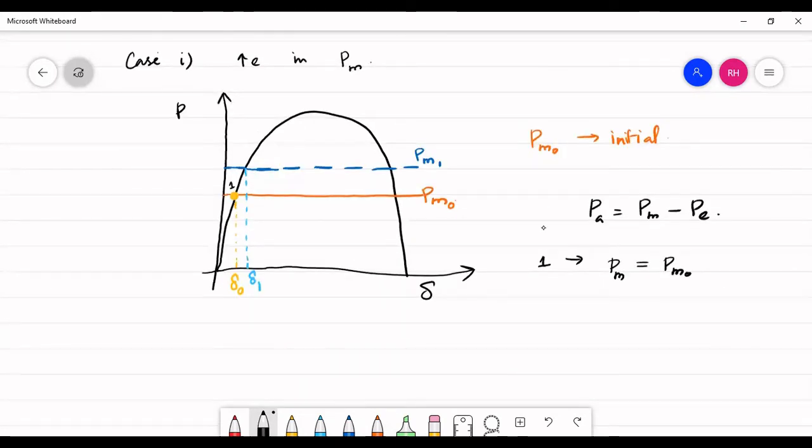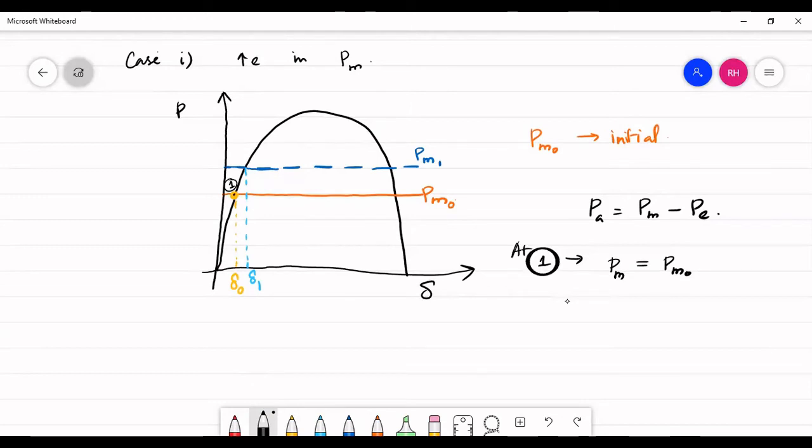So after a period of time, when you suddenly increase your mechanical input, your value of PE at that instant, at point 1, the value of PM naught is equal to PE.